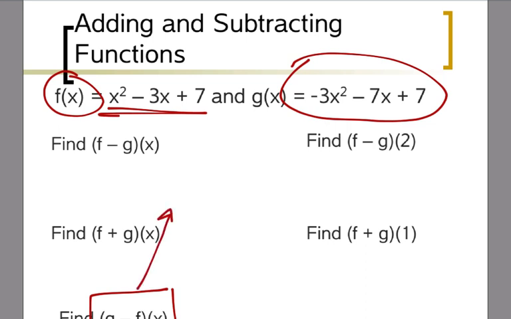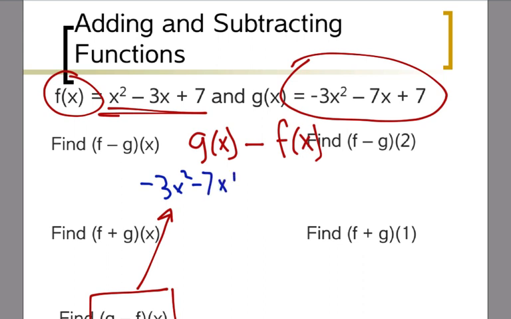So all I have to do is understand they're asking me to do the g of x, and subtract the f of x. So I just take the g equation, write it first, so it's just negative 3x squared minus 7x plus 7, and I subtract, and when I subtract I should do parentheses of x squared minus 3x plus 7.